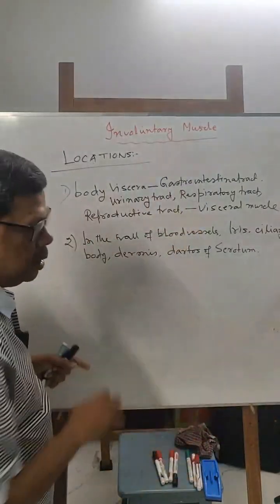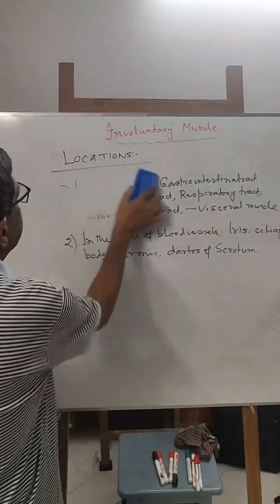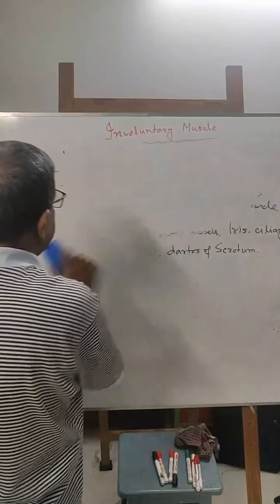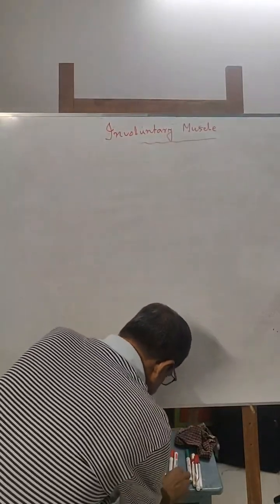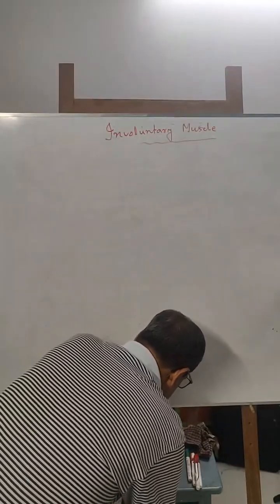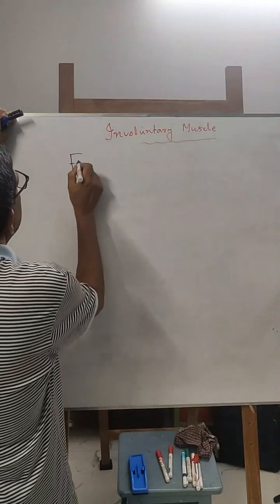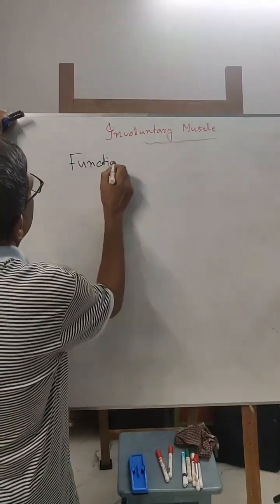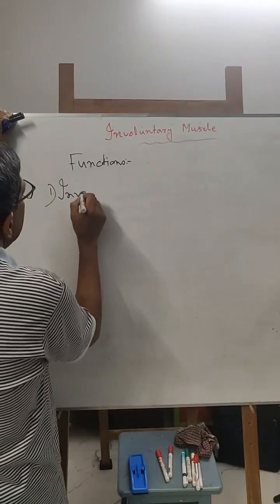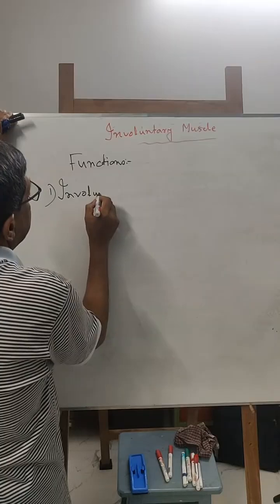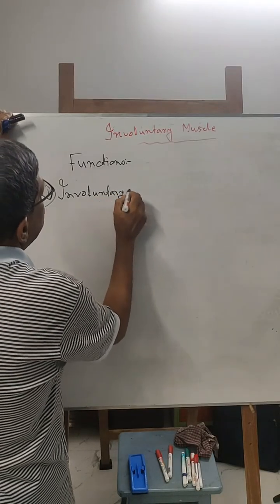Next, function. What are the functions of involuntary muscle or smooth muscle? Number one, involuntary movements.